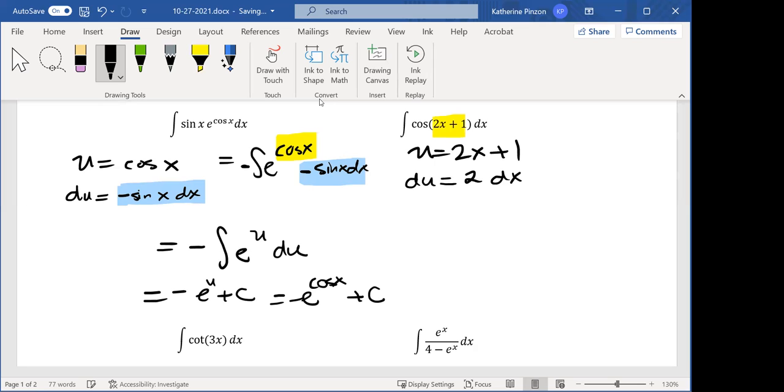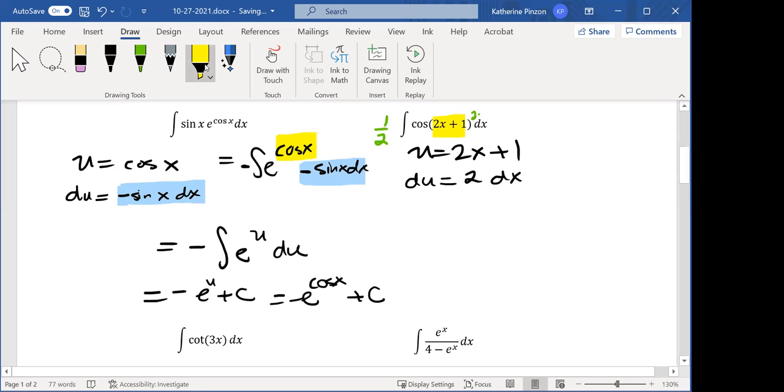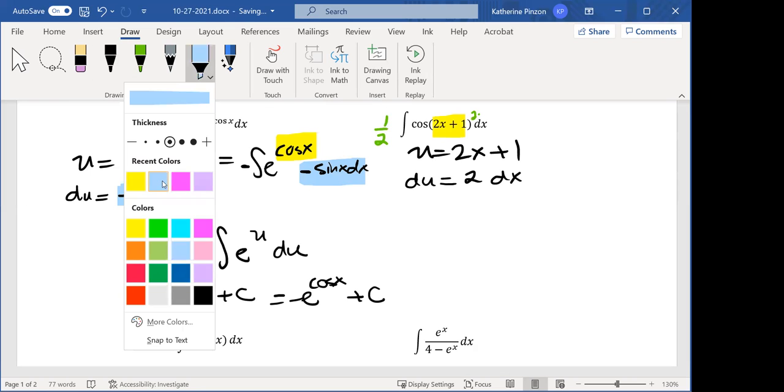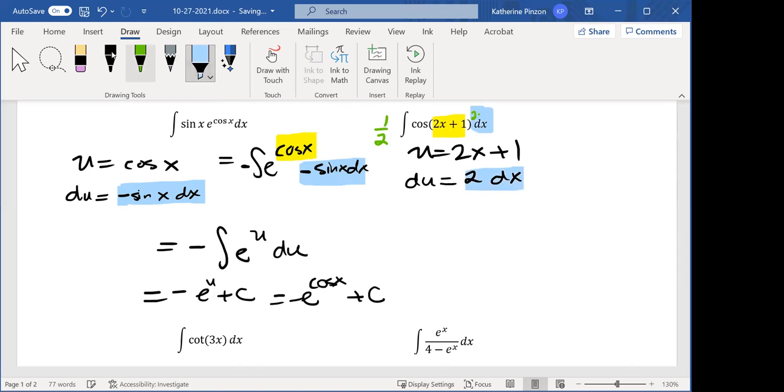Do I have everything I need? I need a 2 there, yeah? If I put a 2 on the inside, I have to put a 1/2 in the front. Okay, so that's my u. This stuff here is all part of my du.